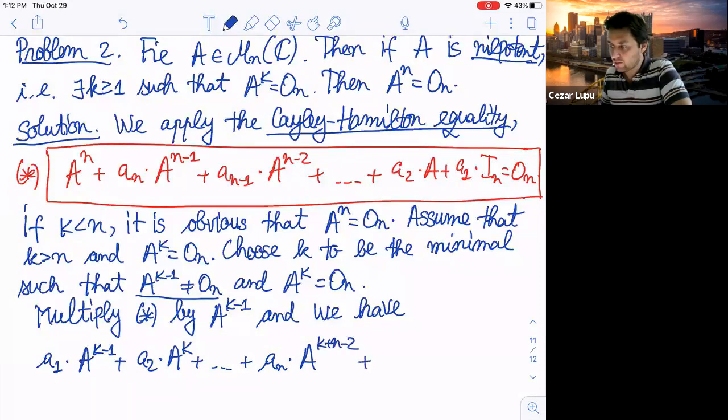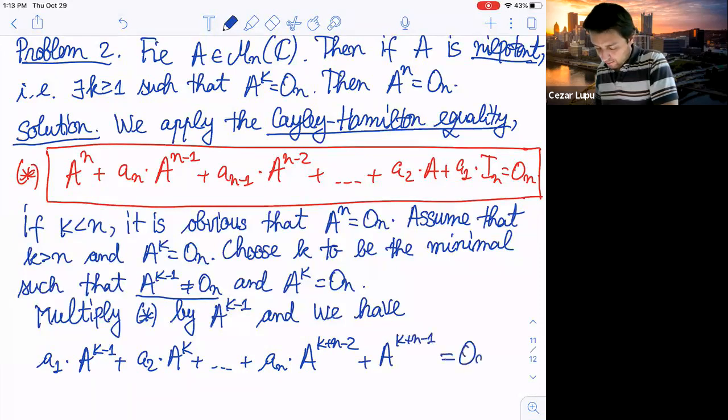Plus, then the last one will be a to the power k plus n minus 1. This will be the null matrix.